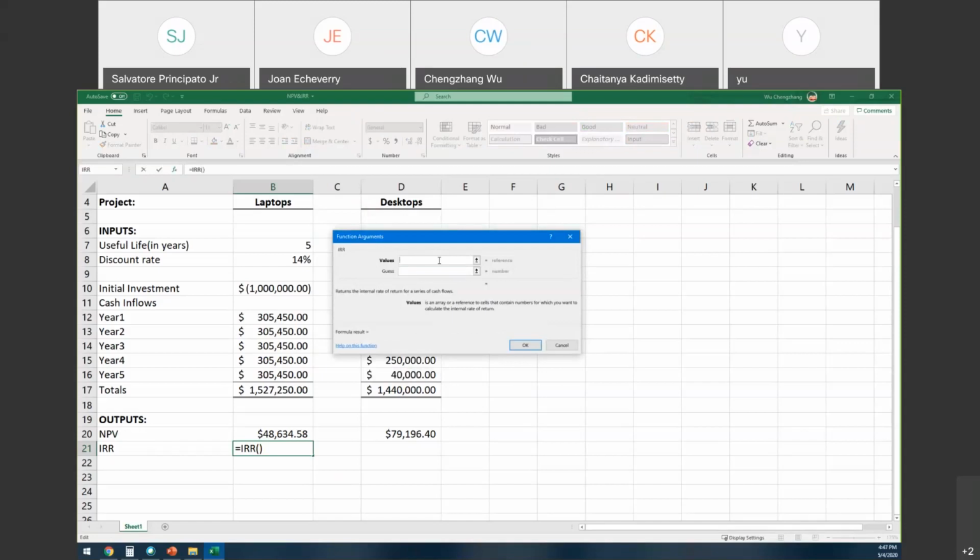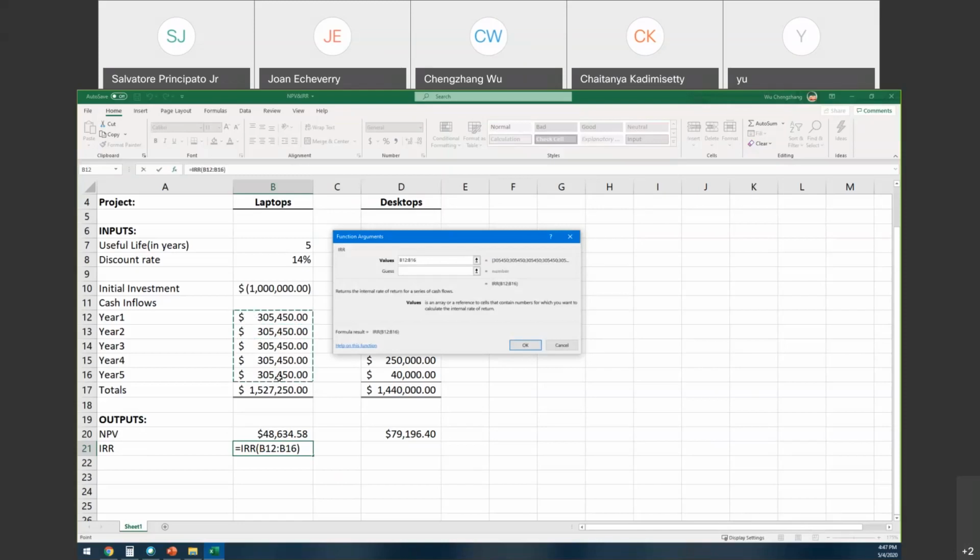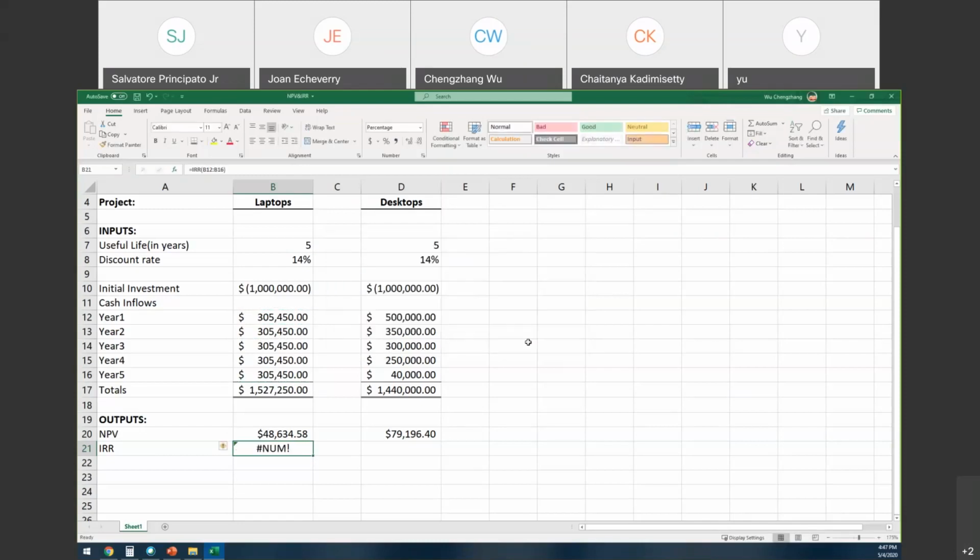That is the expected cash inflow for each year, for each period. For laptop products, that is this area, from B12 to B16. So that's it. And we click OK.